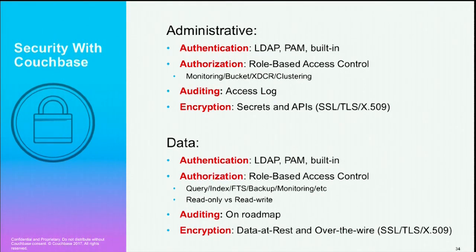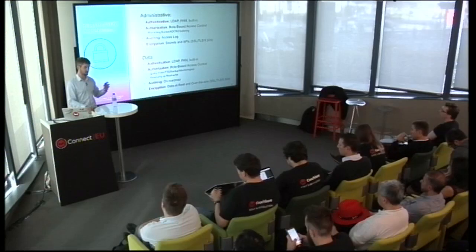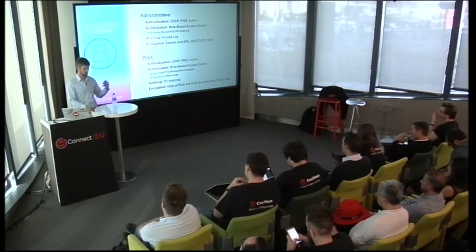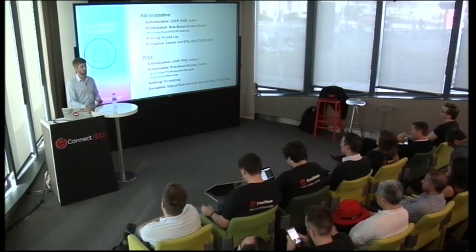From a data perspective, this is encrypting data from the edge, over the wire, and on disk of a cluster. So this is a comprehensive security model that allows plugging into external systems, but also supported within Couchbase by itself.